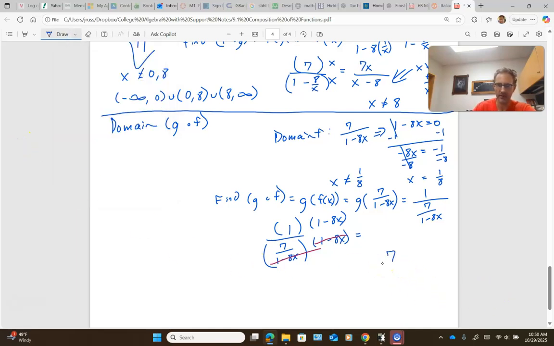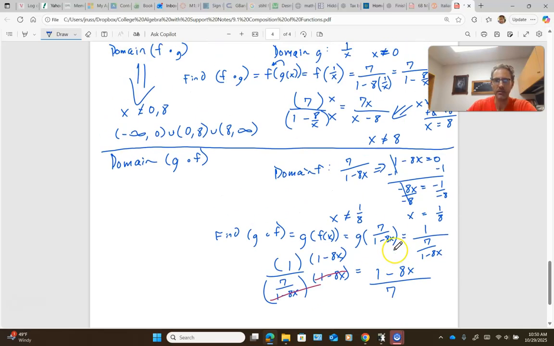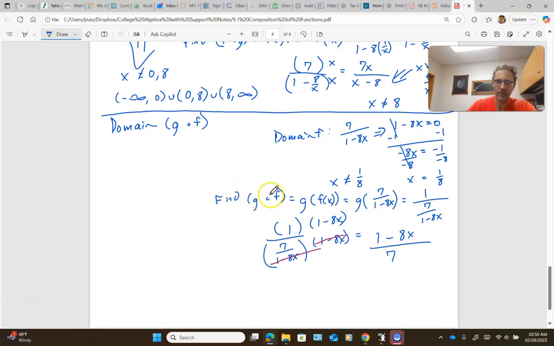Okay, so we'll just have 7 down there over, but then up here, 1 minus 8x times 1, well, technically you could look at this like you're distributing 1, but 1 times anything is itself. So this will just become 1 minus 8x. And so this is the composition. Okay. This is G of f of x right here.